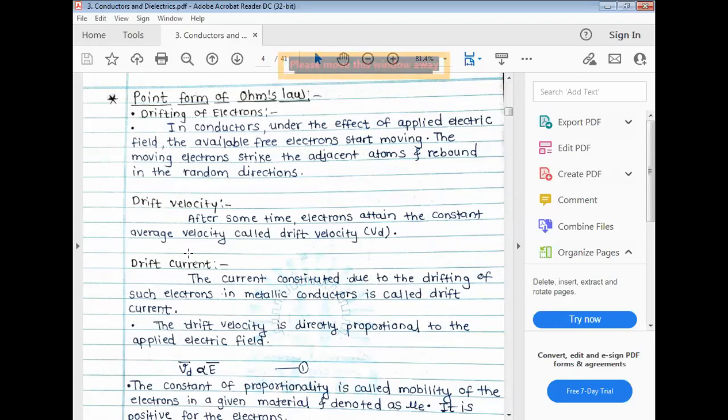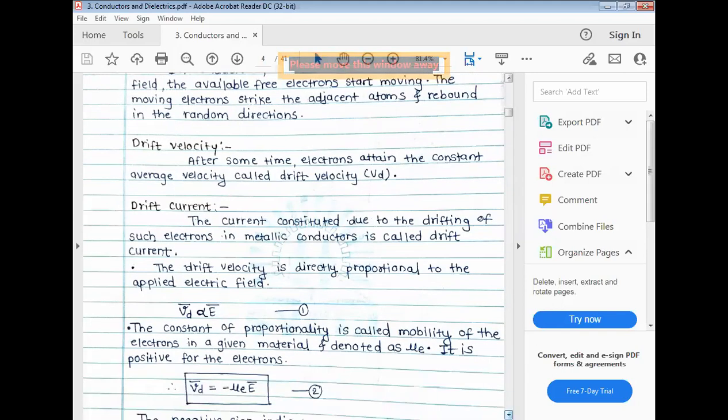Then these terms are sometimes asked: drifting of electrons, drift velocity, drift current. You should know these terms, as they can ask you the definitions as MCQs. Or they may give you the definition and ask you the term. What is meant by this?